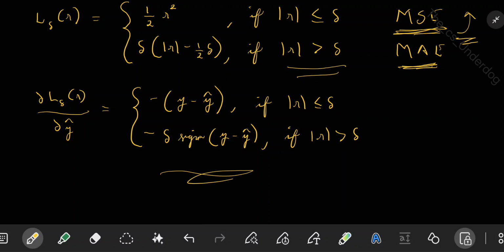So there are two possible derivatives depending on whether the residual is less than or equal to delta or greater than delta. So I directly wrote the formulas here because you already know about MSE and MAE.